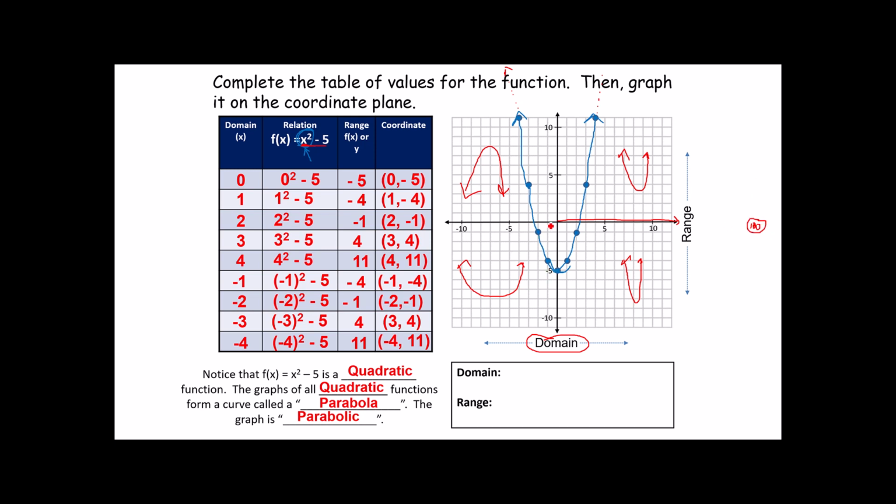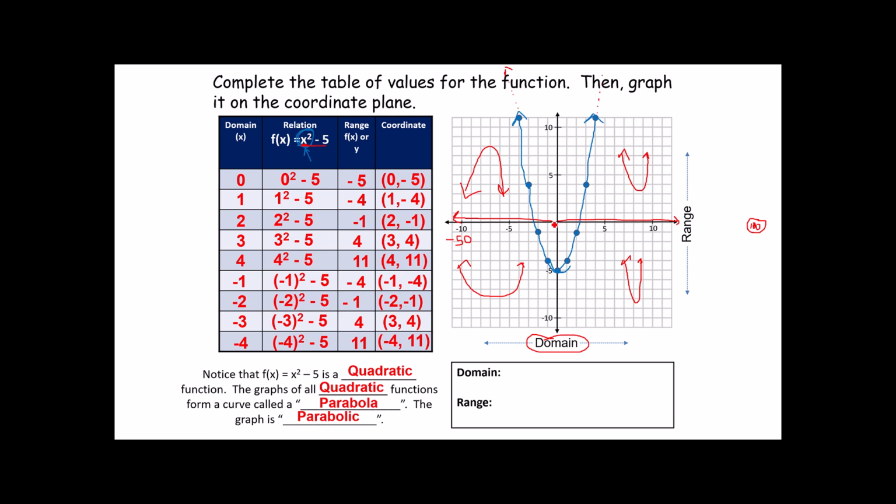The same is true when I go over to the left. When I go to the left, no matter how far to the left I go, this graph indicates that I will get a solution. So if I were, for example, to take -50 and plug it into my function, well, -50 squared is 2,500 minus 5 is 2,495. So I would go backwards 50, up 2,495, and I'd put a dot.